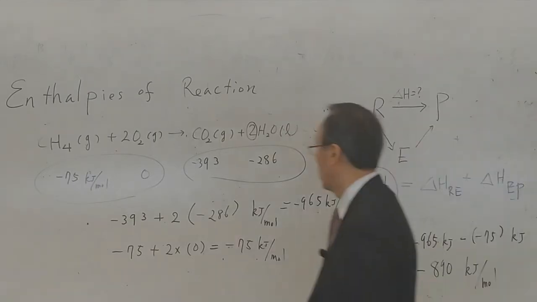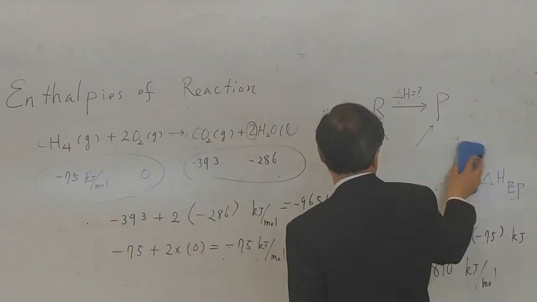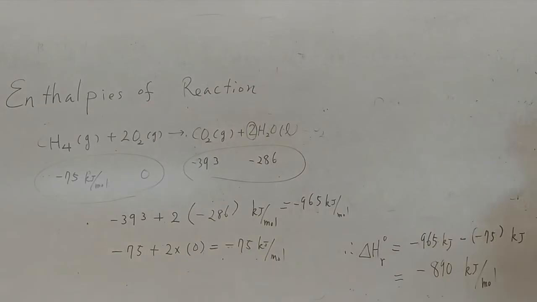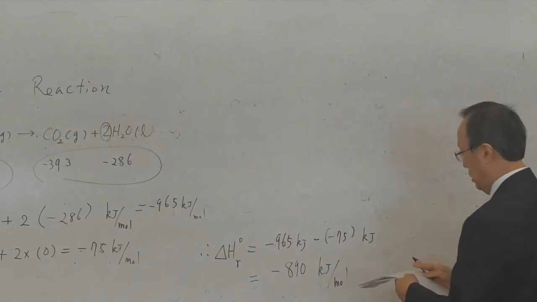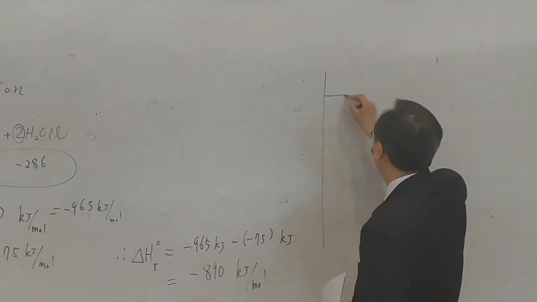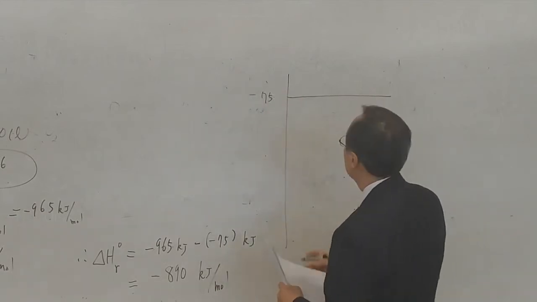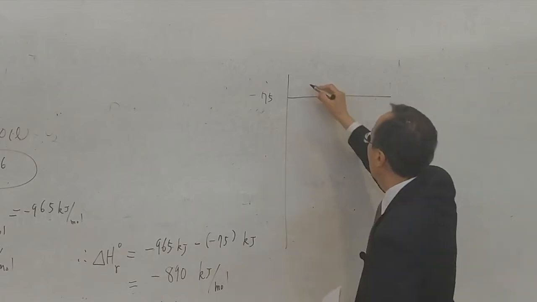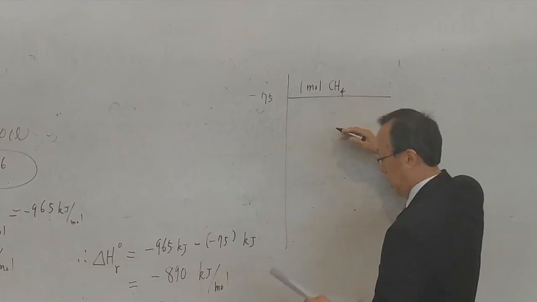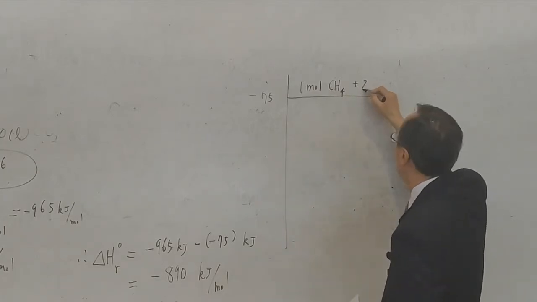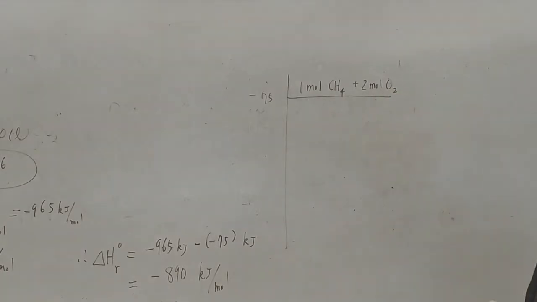So let me draw the diagram for these reactions. At the reaction state, minus 75 kilojoule, so this is the enthalpy diagram. 1 mole of CH4 and 2 mole of O2 is at minus 75.